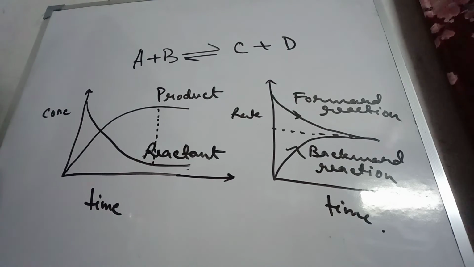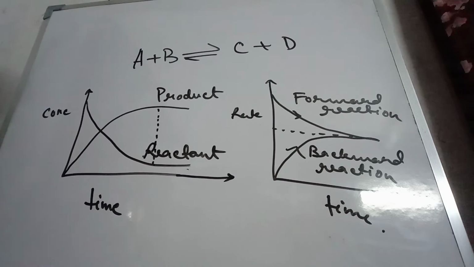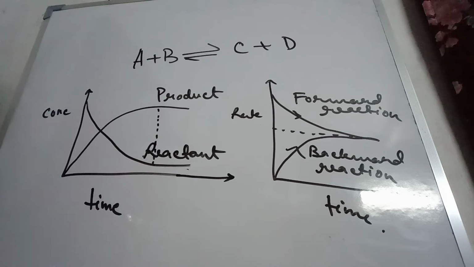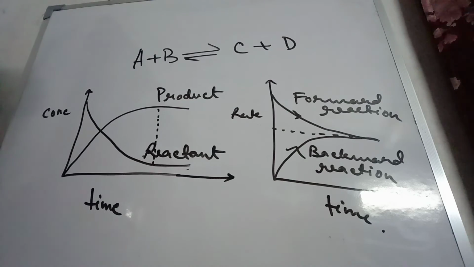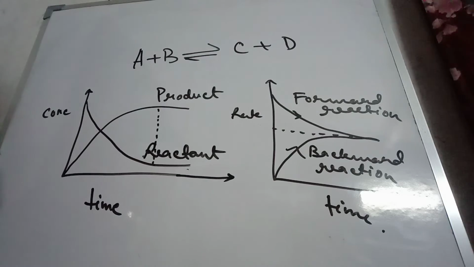So in this particular process, we have some terms. The term is vapor pressure: the pressure which is exerted by the vapor which is in equilibrium with the liquid at a given temperature. And this vapor pressure property is attained only in case of liquid vapor equilibrium. There are certain factors that affect the vapor pressure.